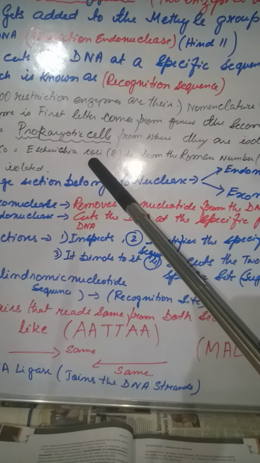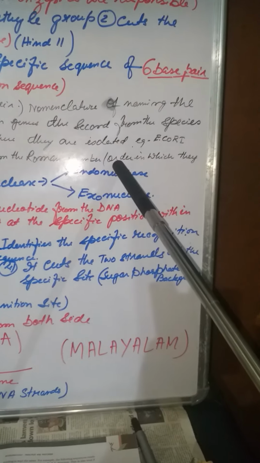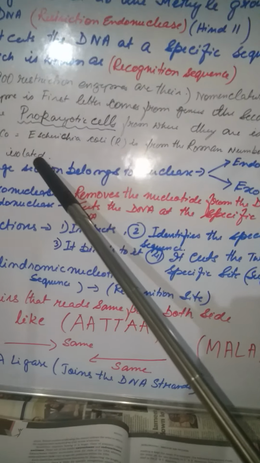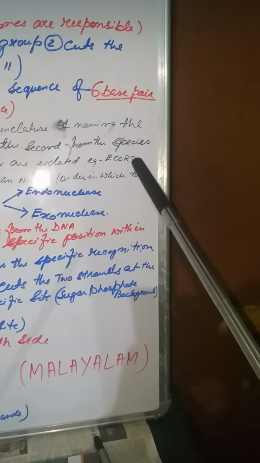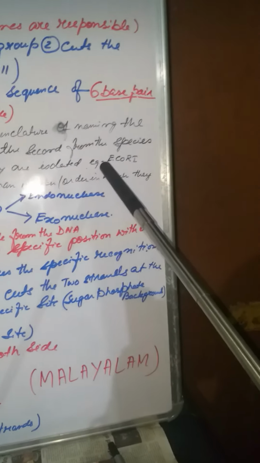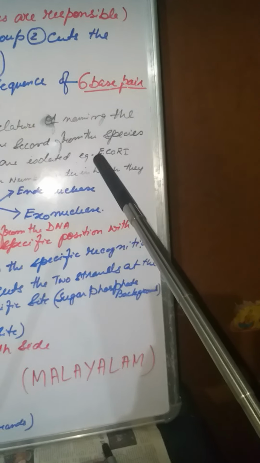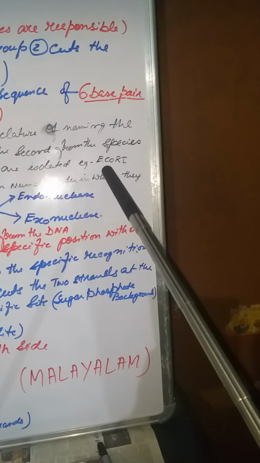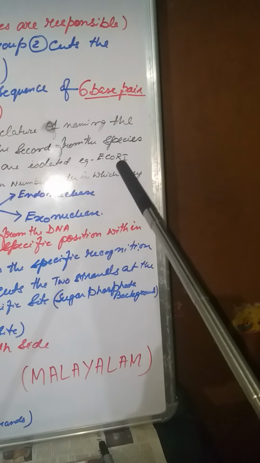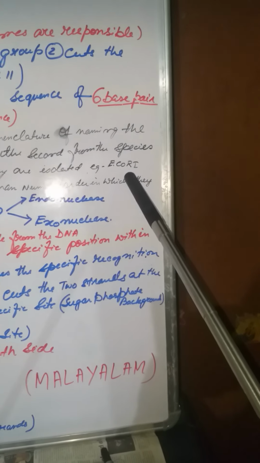Coli is the species, and R is the Roman number of the order from which it is isolated. So that is why it is marked as EcoRI. Somewhere it is EcoRV.